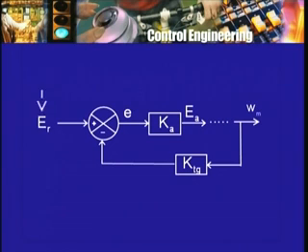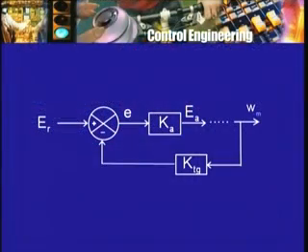So here is the difference Er minus K tachogenerator omega m, and that we call the signal E, is amplified by Ka to produce the voltage Ea. So this additional thing I will put on top of the original diagram to get the complete block diagram for the system with proportional feedback arrangement.